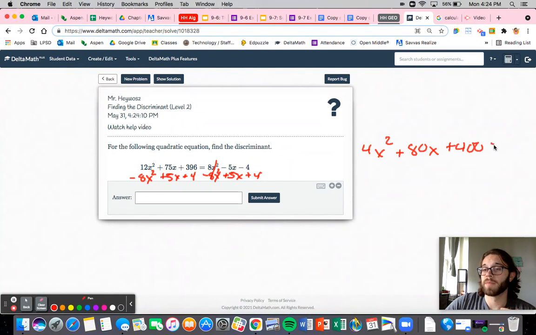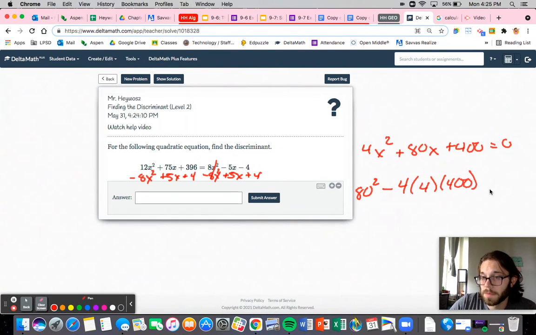This is giving me some pretty suspect situations about whether or not we'll have two solutions. But anyway, we have b squared, which is 80 squared, minus 4 times 4 times 400.